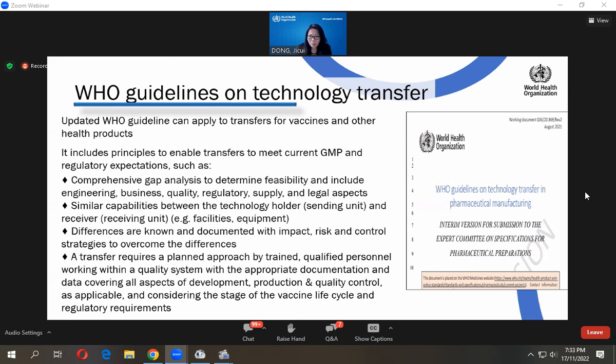The complexity is not the same if your technology transfer occurs in the fill finish phase compared to the drug substance production phase, right? So you must have a commensurate effort in conducting technology transfer.